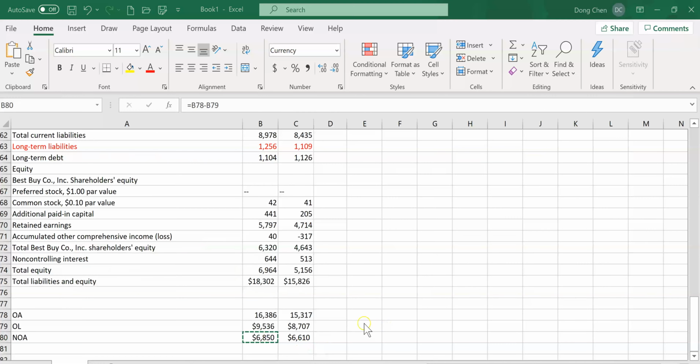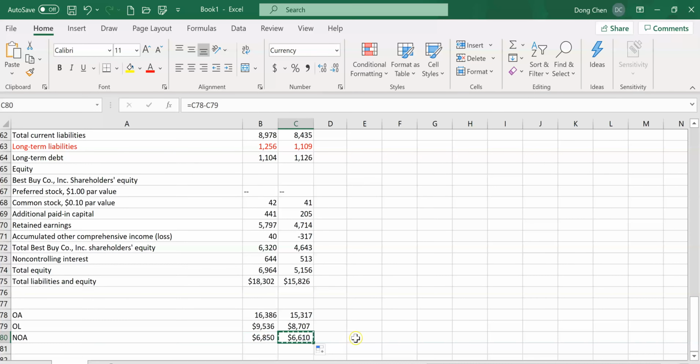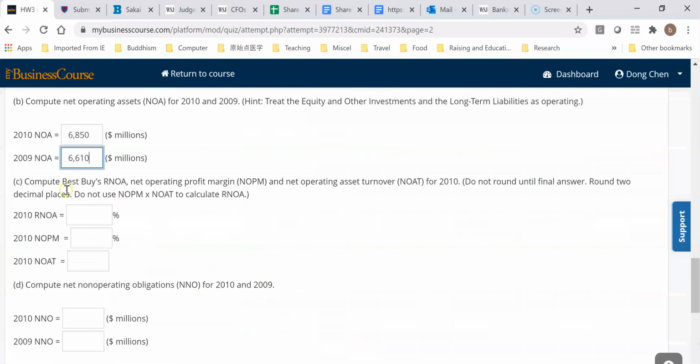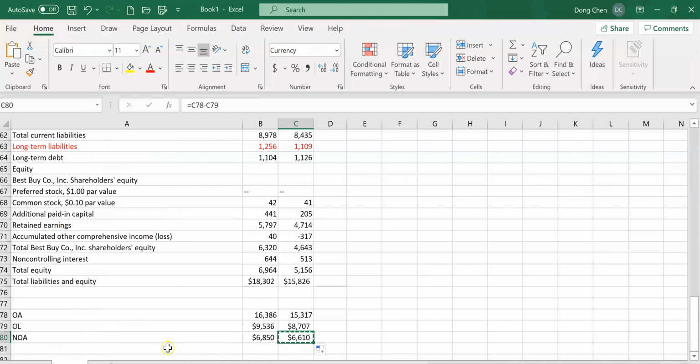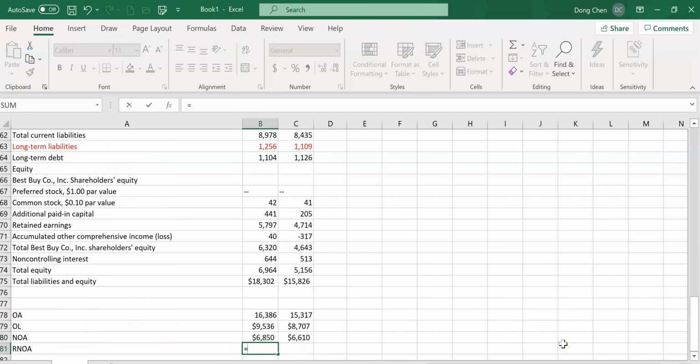So now let's copy the number back to the cell 2010. This is the number, and 2009, this is the final number. And part C, compute Best Buy's RNOA. We know that RNOA basically is defined to be NOPAT, right?